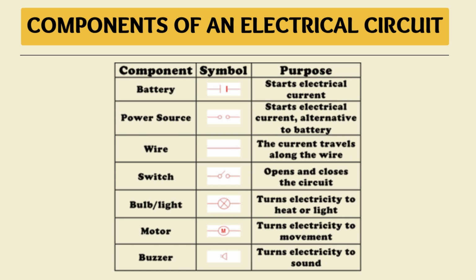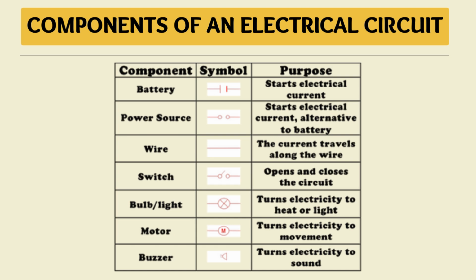A closed switch lets the electricity move. An open switch stops the electricity. A resistor slows down the current to protect other parts of the circuit. A bulb, like a light bulb, will light up when the current flows through. An ammeter tells us how strong the current is, and a voltmeter tells us the voltage.